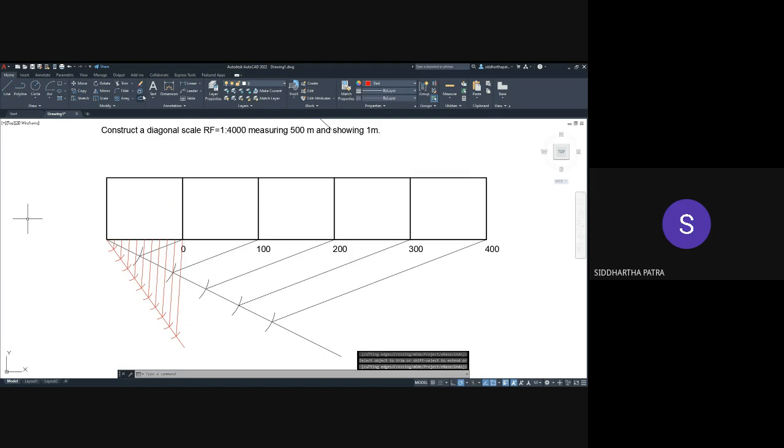Now if I take my thick layer and draw vertical lines, then each division here would be 10 meters, because I'm dividing 100 meters into 10 segments. 2, 3, 4, 5, 6, 7, 8, 9.